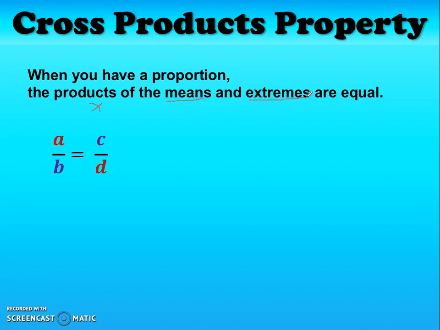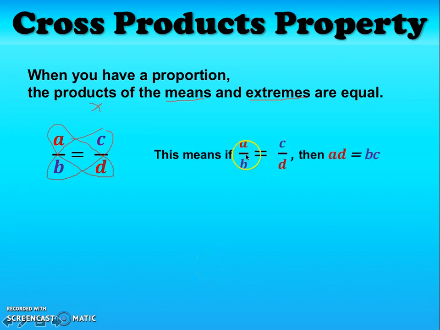Extremes are like the biggest, the smallest, the first, the last kind of a thing. So in here, A and D are my first and last, right? A is my first letter here. D is my last. So A times D, because I'm doing products, that's my extremes. So B times C is going to be the means. All right, so those are going to have to be equal.